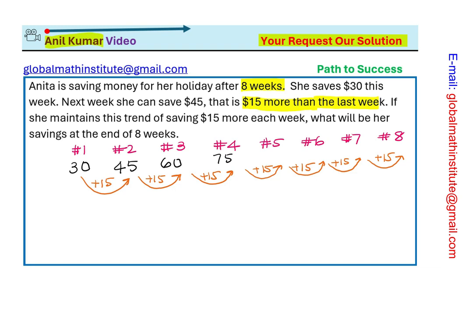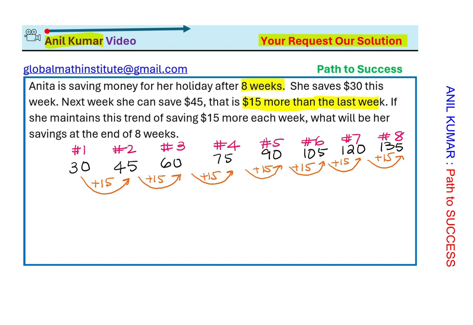Then 85 plus 5, 90. 100 plus 5, 105. And 115 plus 5, 120. So 130 plus 5, 135. Makes sense. So another way of addition is splitting 15, which in itself is a very easy number to add. However, splitting it as 10 plus 5 also helps.